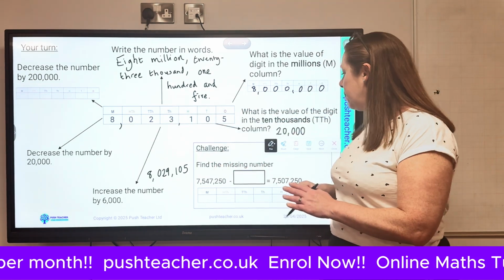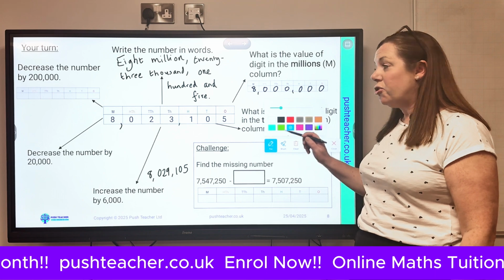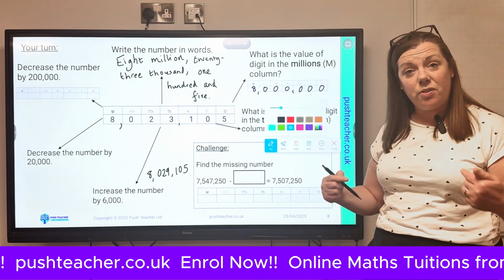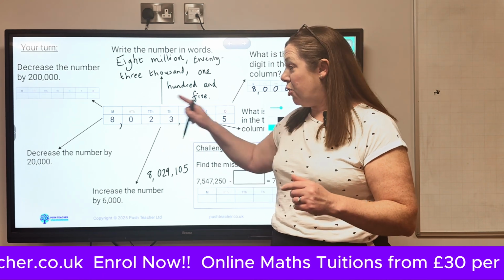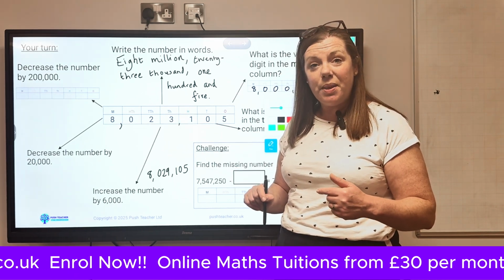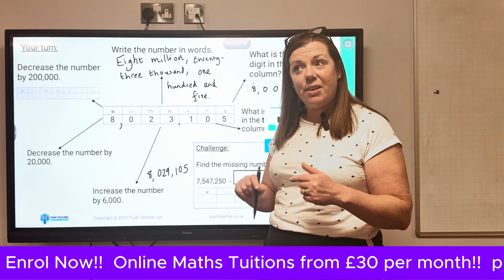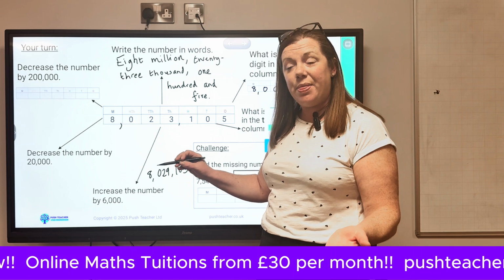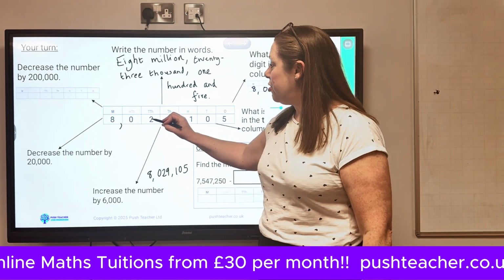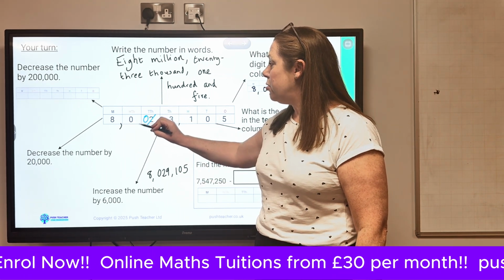Let's look at decreasing the number by 20,000. If I decrease by 20,000, that's 2 lots of my 10,000s going down in the digit. So I currently have a 2 in my 10,000 column. If I'm decreasing it by 20,000, I'm taking 2 off of it, because 2 lots of 10,000 make 20,000. So my 2 goes down to a 0.